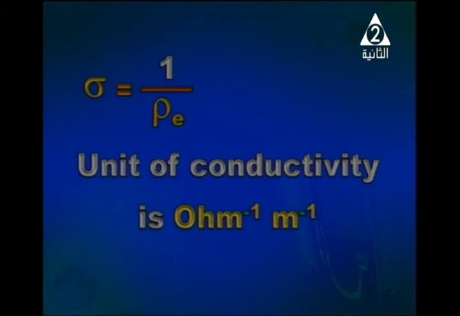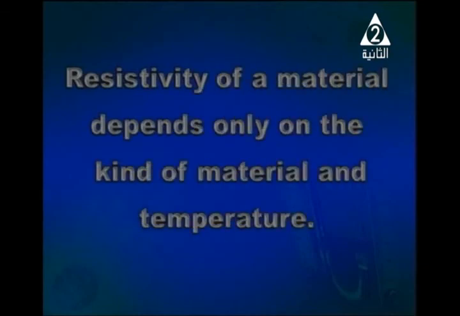Ohm negative 1 is called Siemens, by the way. So the unit of conductivity, once again, is ohm negative 1 meter negative 1, or Siemens per meter.